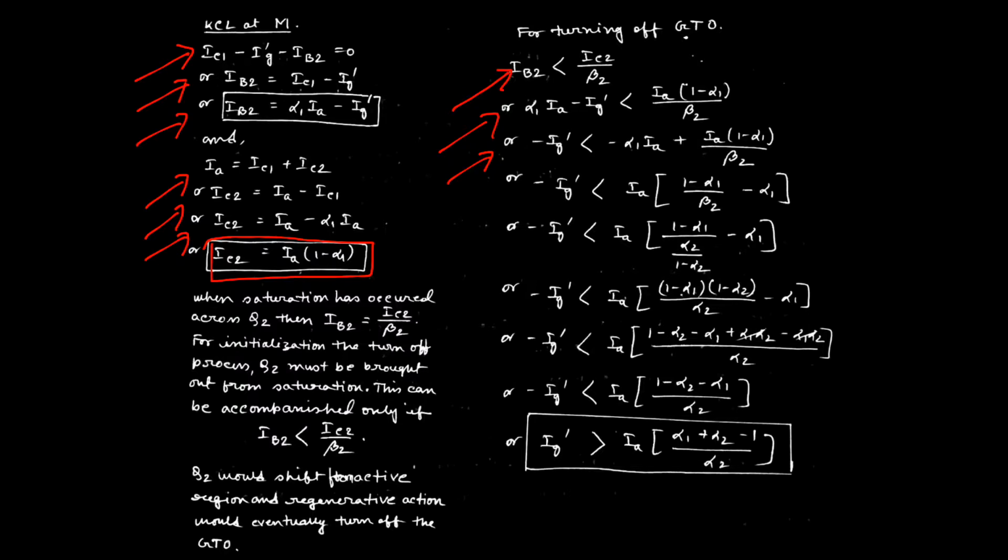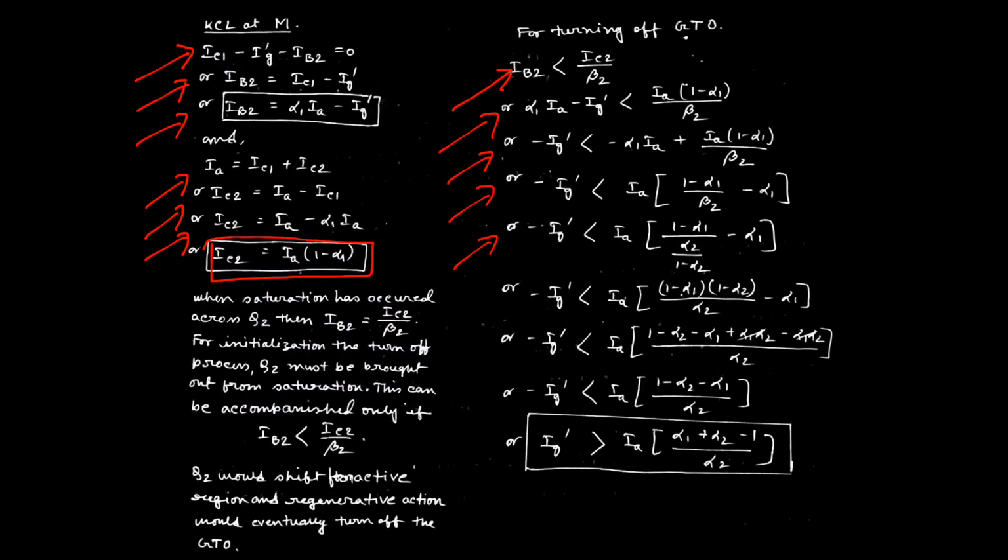Again, we can simplify the equation: minus IG dash less than IA, which is a common term from this expression. Then it will form 1 minus alpha 1 by beta 2 minus alpha 1. Again, we can rewrite the expression: minus IG dash less than IA under bracket 1 minus alpha 1 by beta 2 minus alpha 1.